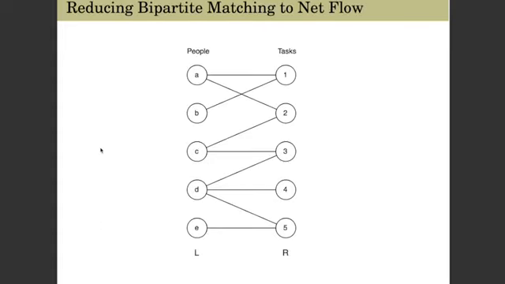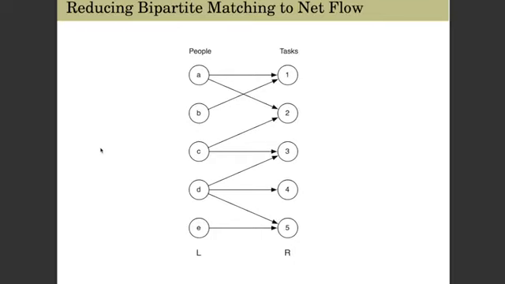Now, how do we do that? This is our particular graph that we have been talking about. First, we convert this undirected graph into a directed graph. Now, all the edges from the people to the tasks are directed. In the previous case, it was undirected.